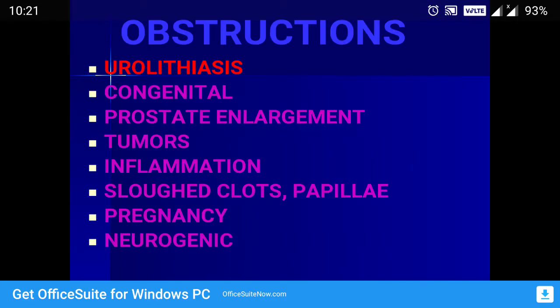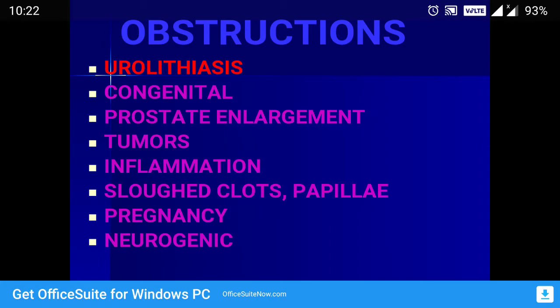Next, coming to obstructions. Obstruction to urine flow can be due to many reasons. Most important is urolithiasis. Uro means urinary tract, and lithiasis means stones; lithos means stone. So urolithiasis means renal stones.